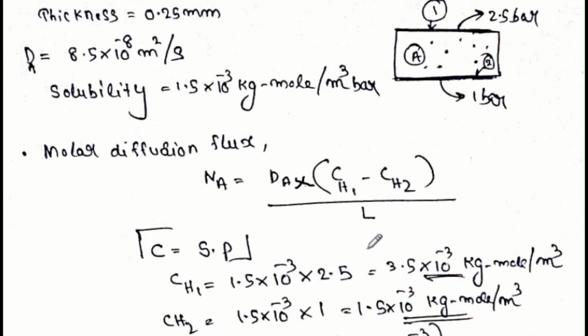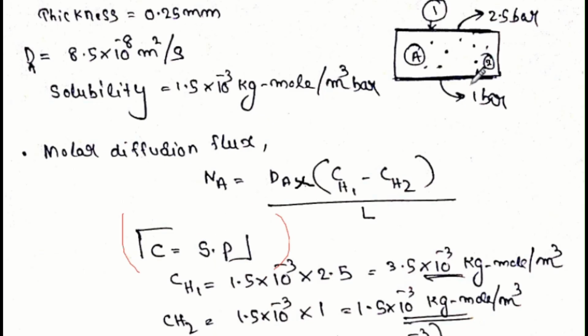So how do you find the concentration of hydrogen? The solubility is given in the question, and solubility is needed to find the concentration. But we need both solubility and pressure. The relation between concentration, solubility, and pressure is that concentration is the product of solubility and pressure.